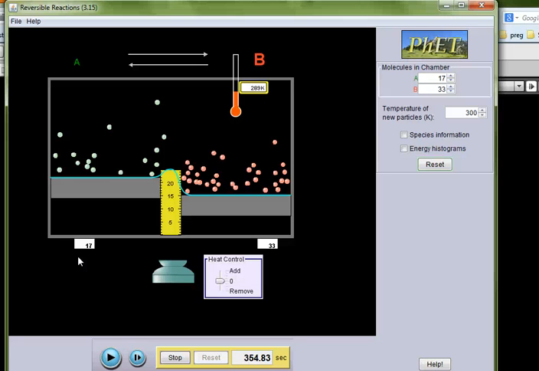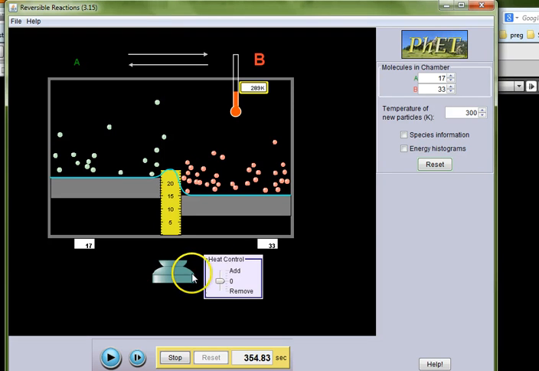So it doesn't matter the number of particles or the concentration; if the reaction, the temperature and other parameters are the same, then the equilibrium constant is the same for that specific reaction. That's the point I wanted to make.